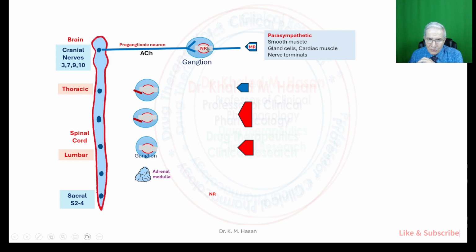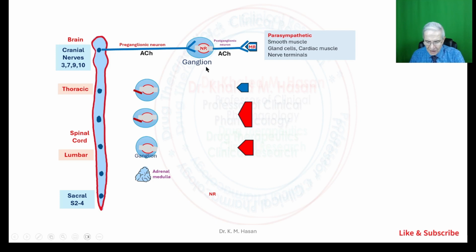The main receptor in the ganglia is the nicotinic receptor, and this nicotinic receptor is activated by acetylcholine. So you can see the pathway: the preganglionic neurons release acetylcholine and activate the nicotinic receptor in the ganglia.